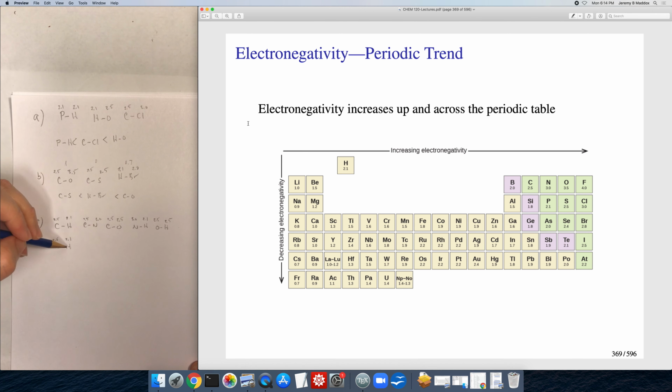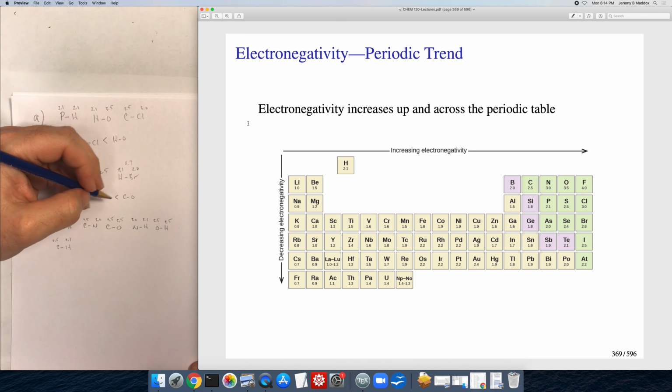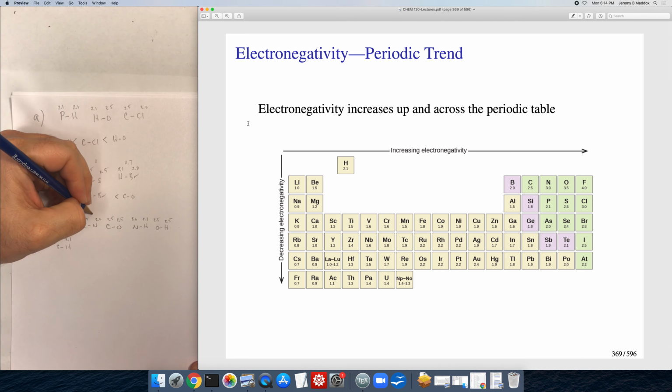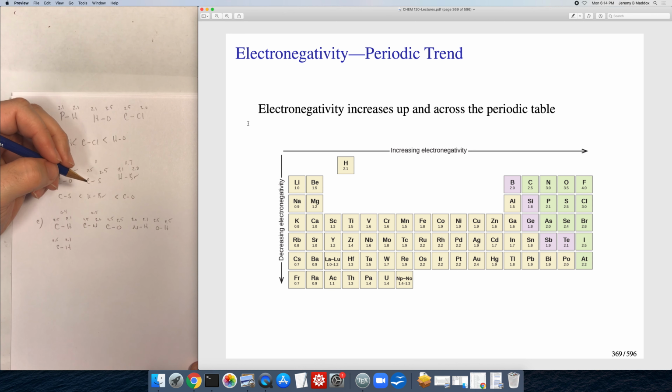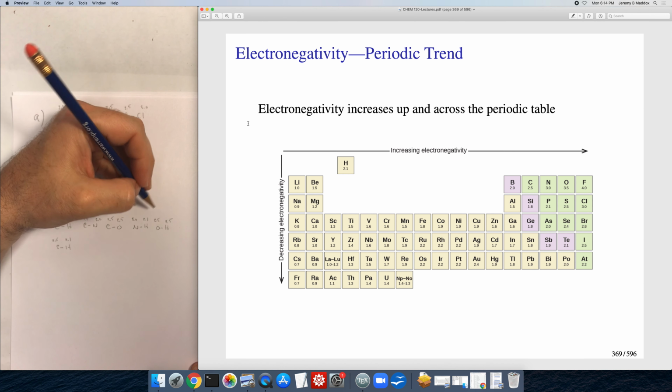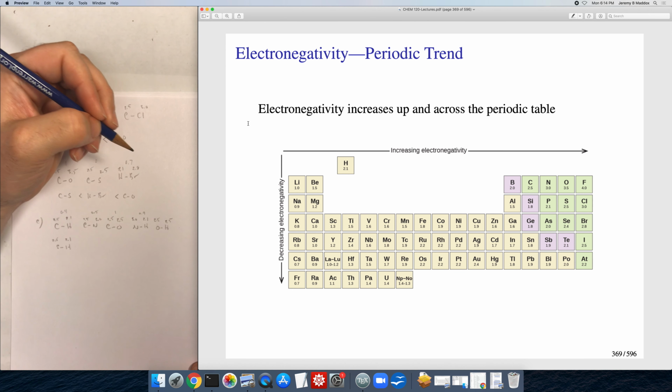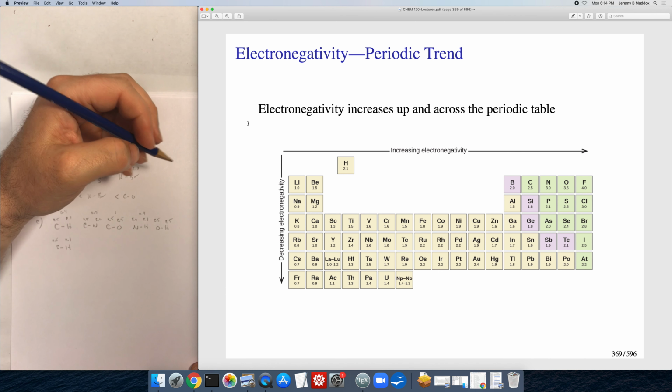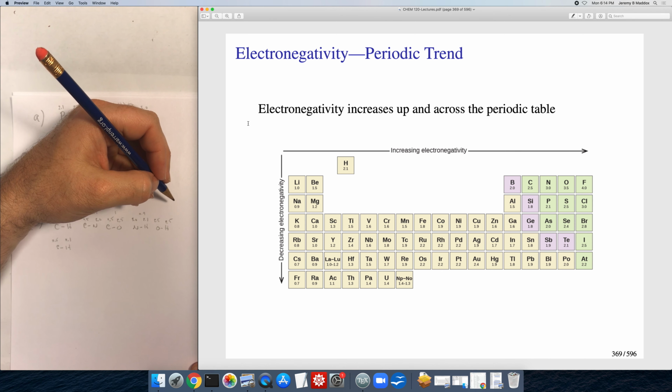So the carbon-hydrogen and sulfur-hydrogen are about the same, with a difference of about 0.4 between them. For the carbon-nitrogen, we have a difference of about 0.5. 1 for the carbon-oxygen bond. For the nitrogen-hydrogen bond, we've got about 0.9. And for the oxygen-hydrogen, we've got about 1 as well.